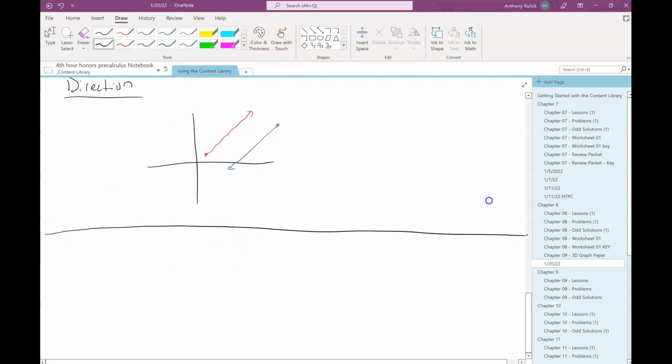What we want to do next, we have these three different representations. We have the picture, we have magnitude and direction, and we have this component form. What we want to do is talk about translating back and forth between these different representations.